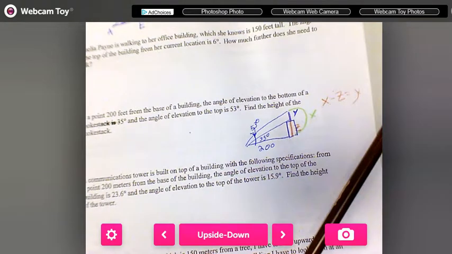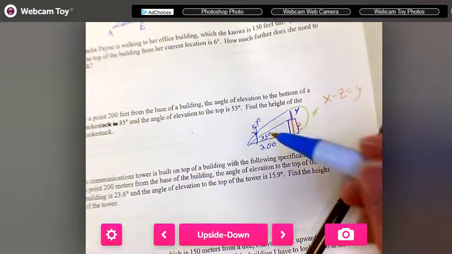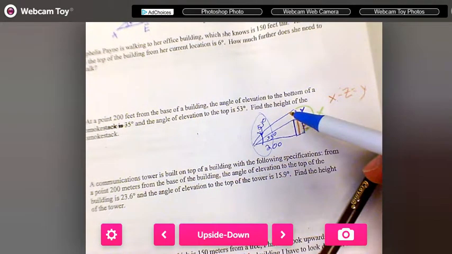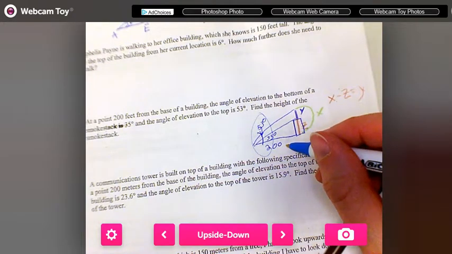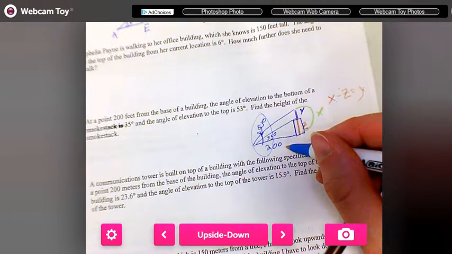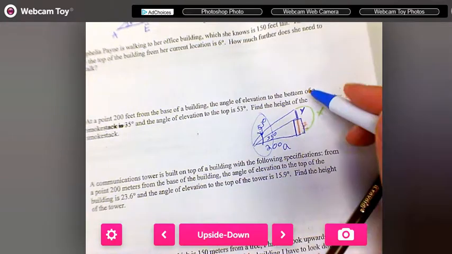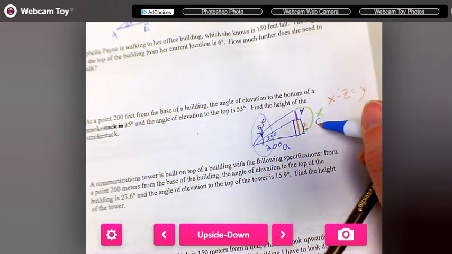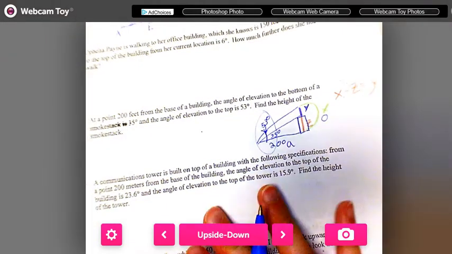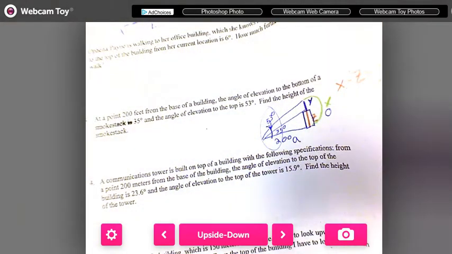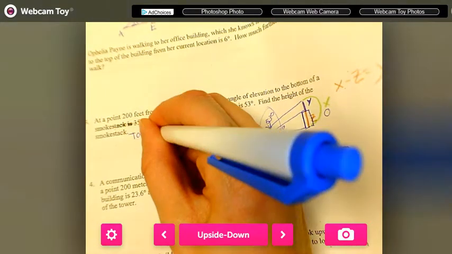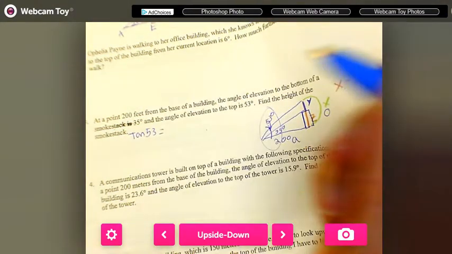All right. So let's find the whole thing first. So we're just going to look at 53. So 53 is the angle we're looking at. 200 is my what? Adjacent. And the whole thing, including the smokestack, is going to be my opposite. So I'm going to use what trig function? Tangent. So I'm going to say tan of 53 equals opposite over adjacent.